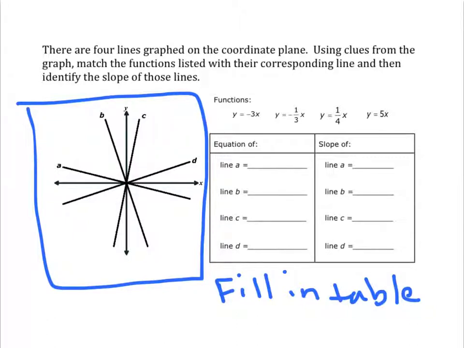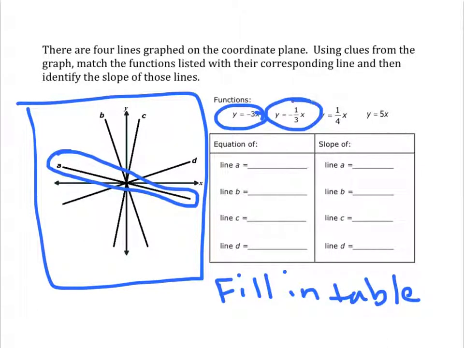So line A. Line A is this one right here. And so I know that from left to right, that is going to be a negative slope. So what I'm going to do is look at which one of my equations have negative slopes. Well, that's y equals negative 3x and y equals negative 1/3 x. And going back to what we just talked about, knowing that the closer to 0 the slope is, the less steep the slope is going to be.